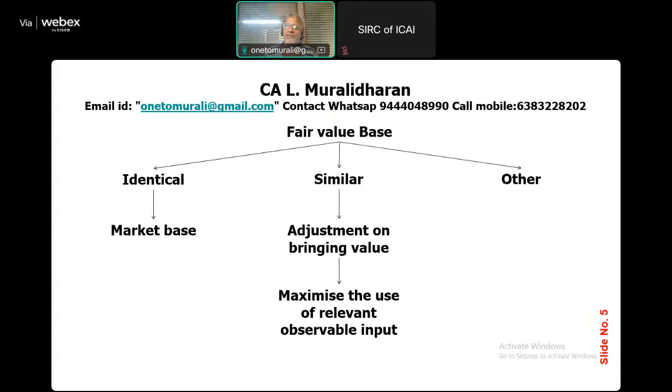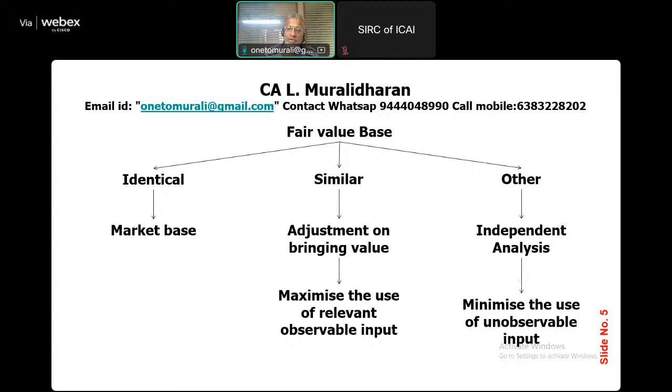Then others, neither identical nor similar, would mean something very much unique. What are we expected to do? We have to do an independent analysis, where I am expected to minimize the use of unobservable input. What is an observable input and what is an unobservable input? Observable inputs are those which are available.